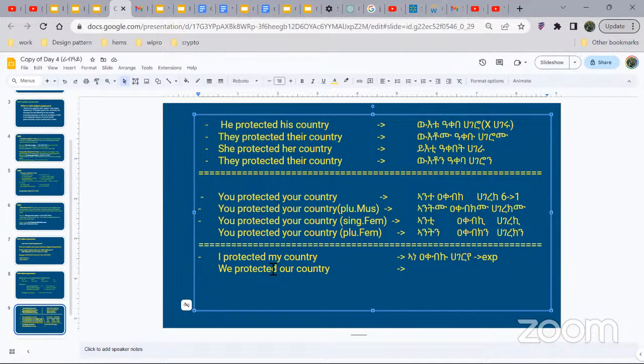If it is my country, my dad, my mom, I don't need to change it to object. If it is object, I don't need to change it. I don't say hagar, it should be hagaraye. If it was imme, we don't say it.